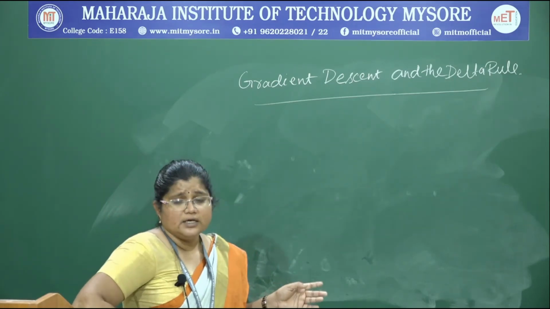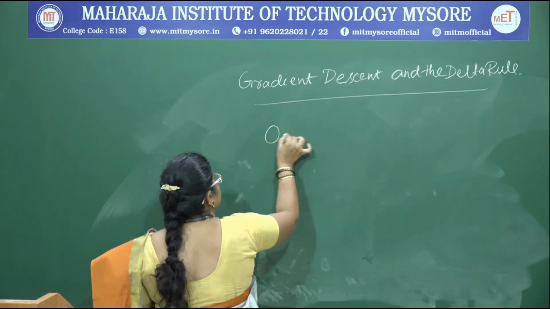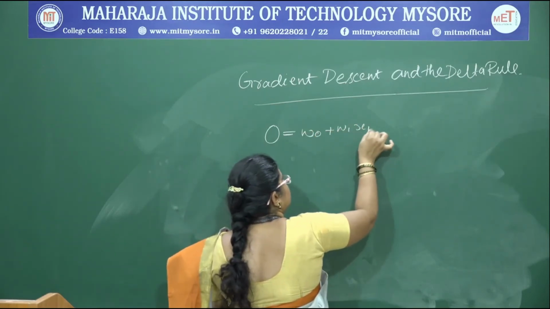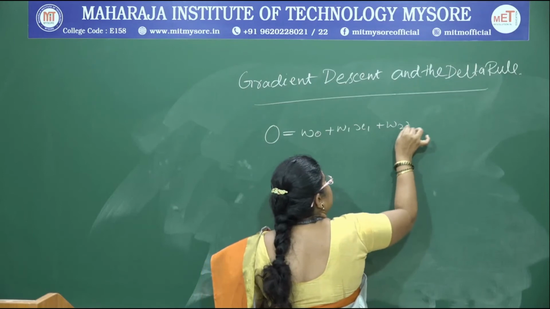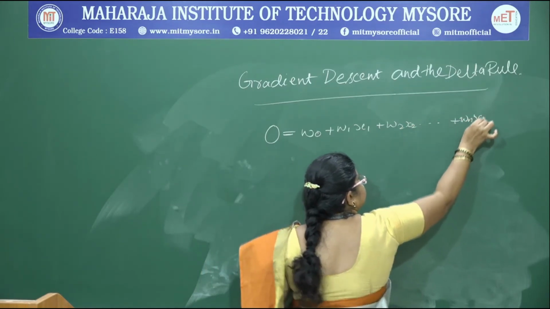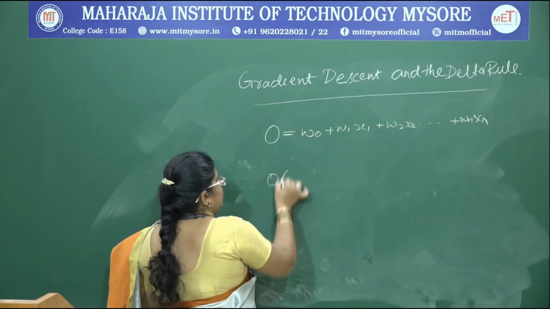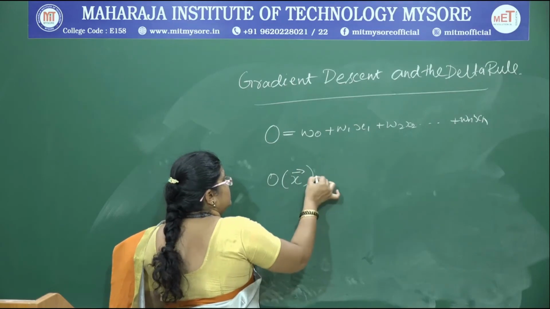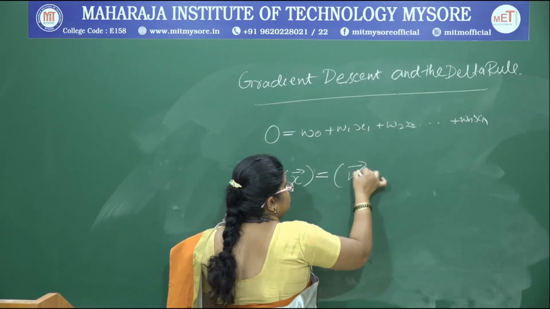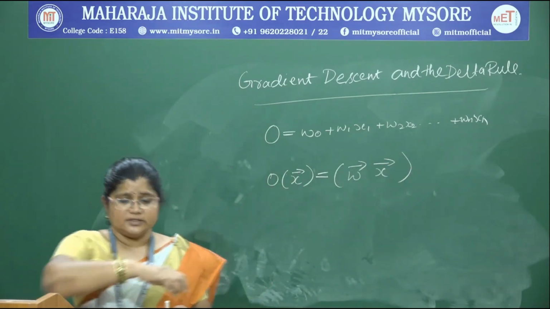Let us consider the linear unit output. As we have seen previously, the output is equal to W0 plus W1 x1 plus W2 x2 and so on plus Wn xn, and we can write it in vector form as the weight vector multiplied by the vector x.